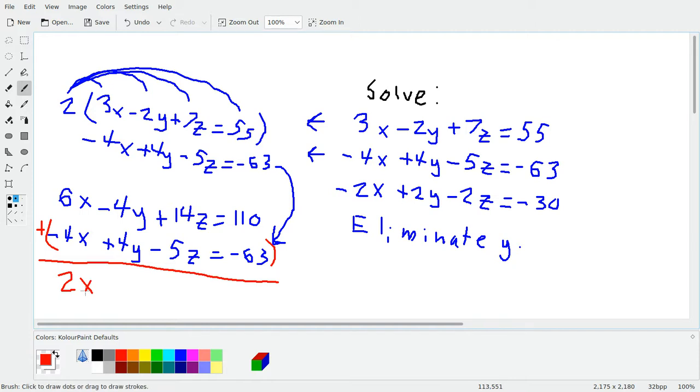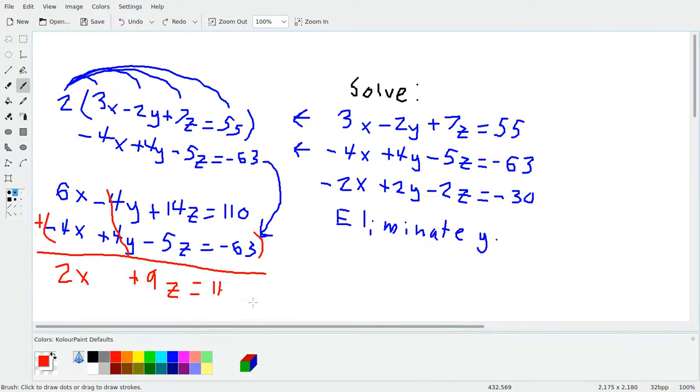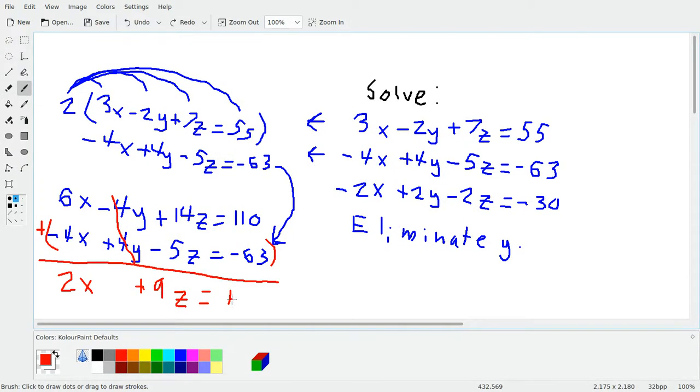The negative 4y and the positive 4y eliminate, which is why this is also called the elimination method. 14z minus 5z is plus 9z equals 110 minus 63 equals 47. Let's put a box around this equation because we just eliminated y.